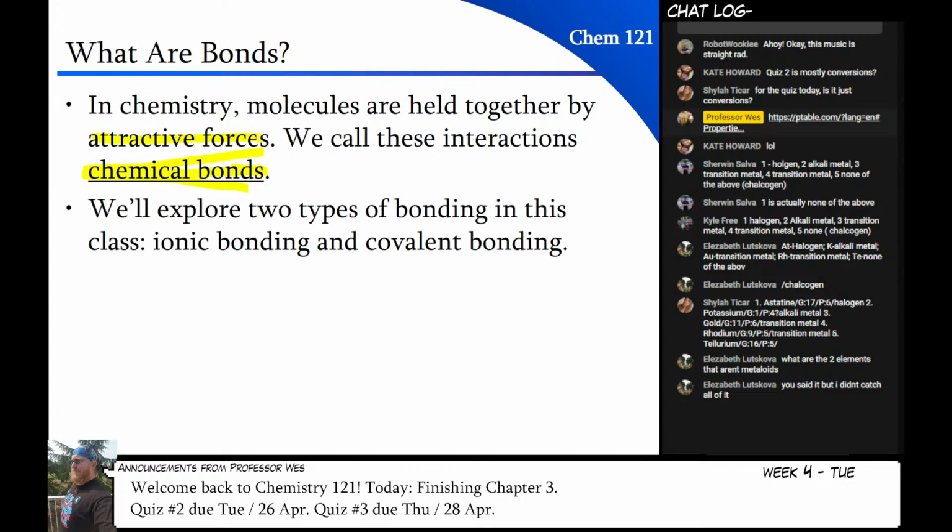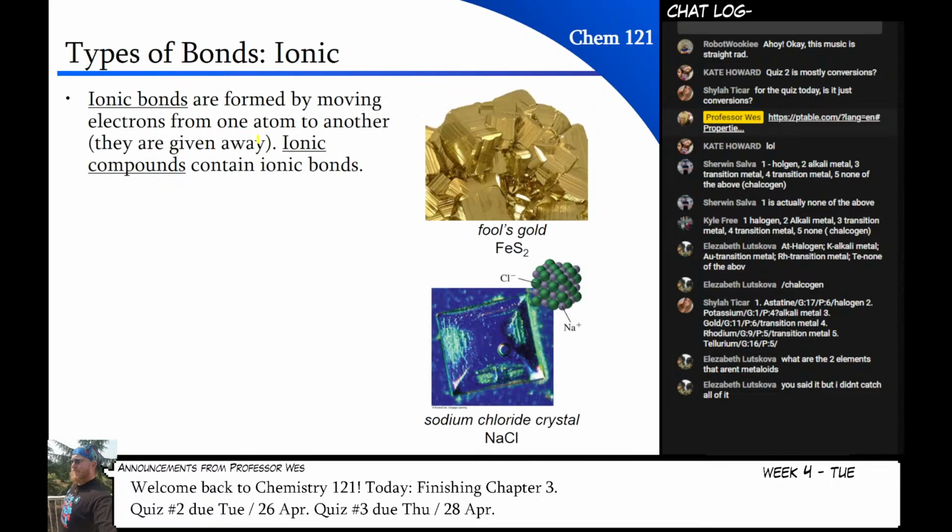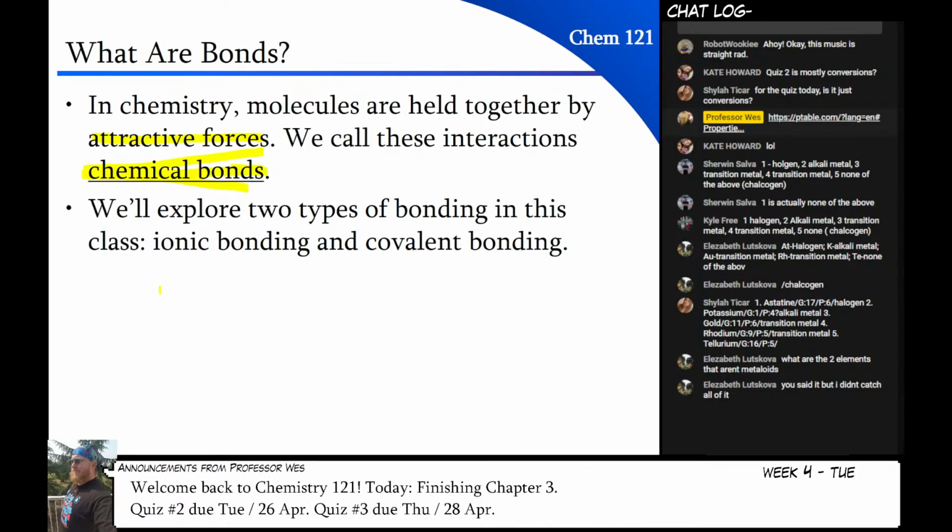Now, there are 2 types of bonding that we're going to care about in this class. The first one is ionic bonding, in Chapter 4, and covalent bonding we're going to talk about in Chapter 5. Both of these types of bonding lead to very different types of compounds.